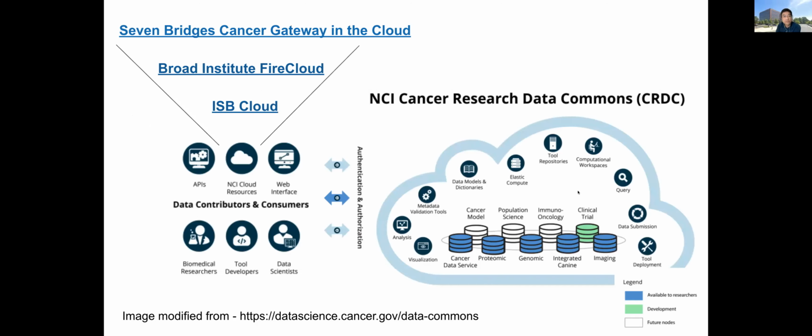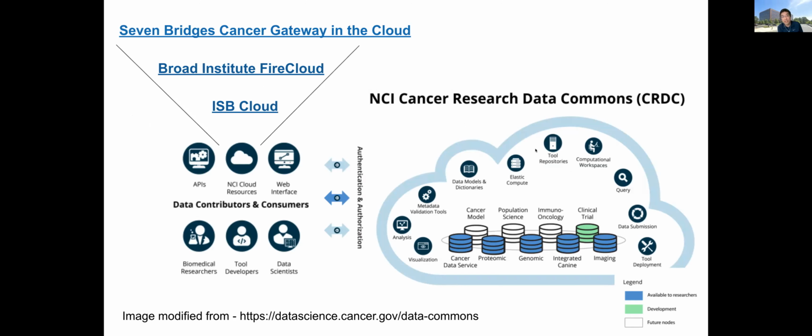Next slide, please. So CRDC, the NCI Cancer Research Data Commons, is a cloud-based data science infrastructure that connects petabyte-scale data with analytics tools to allow users to share, integrate, analyze, and visualize NCI-funded research data to drive scientific discovery.